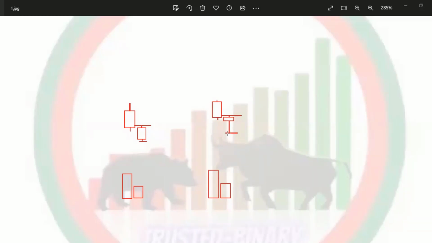That time what happened? Buyers fought this high volume of sellers, and the buyers decreased the sellers' volume here. But in this case, these buyers failed to fight with the sellers' volume. If buyers fight with the sellers' high volume, that time the candlestick will create a very weak body candlestick here.